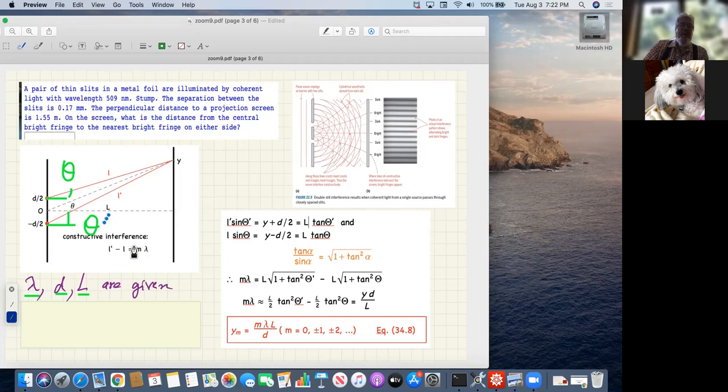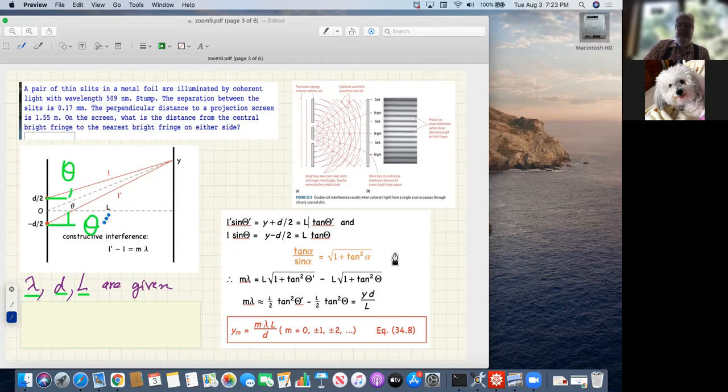Now we want L prime minus L. Should be m lambda. So L prime is L tangent theta prime over sine theta prime, and L is L tangent theta over sine theta.